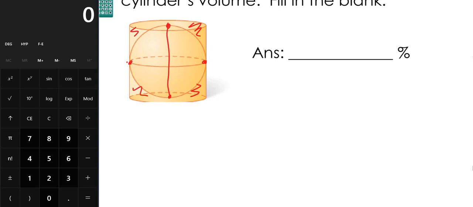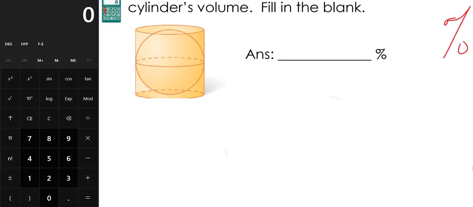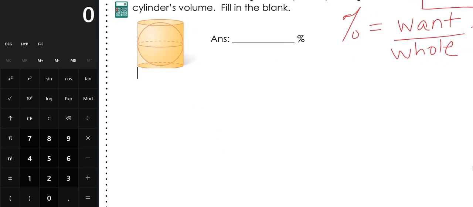Okay, so I'm going to erase all these markings. And let's look at the formulas that would give us volume of the cylinder and volume of the sphere. Okay, so volume of the sphere, 4/3 pi r cubed, divided by a volume of the cylinder.